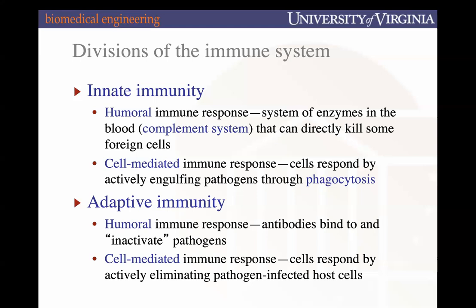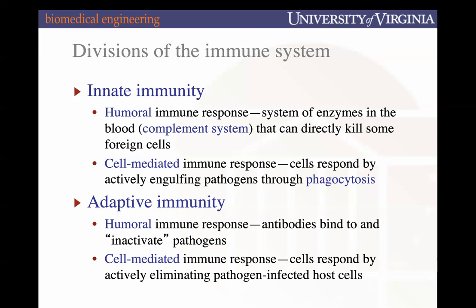If it has some other feature that our cells can respond to, or if it tries to enter into our cells and it has a quality that other parts of our innate immune cells can respond to, it'll be eliminated that way.